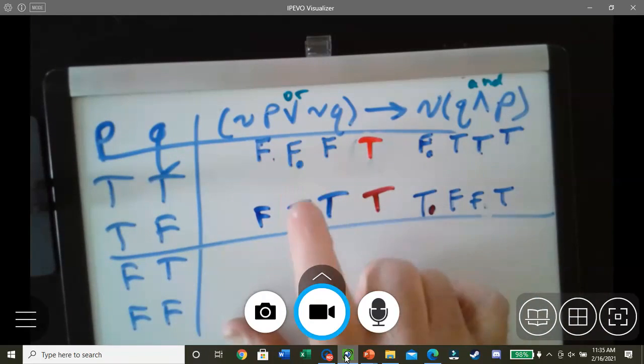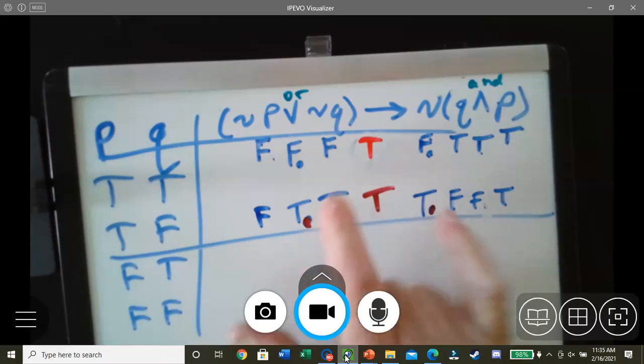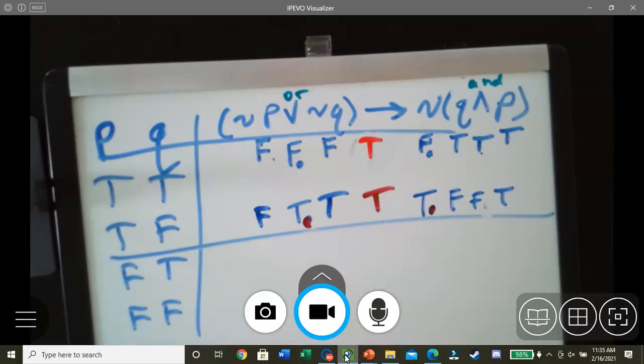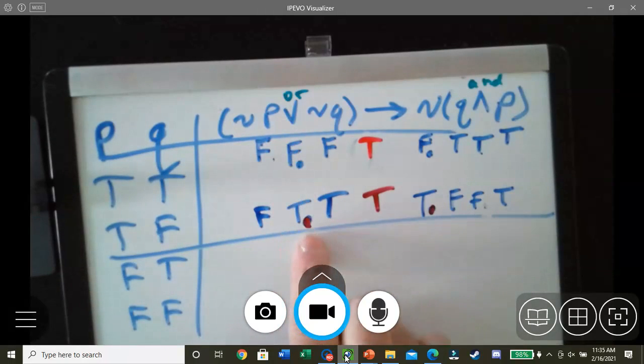So this one, the or, you're going from that to the not statement to get the arrow for your final answer. Yeah, exactly. You're going from the or statement to the not statement. That is right. Okay? All right, go ahead and give that a shot.